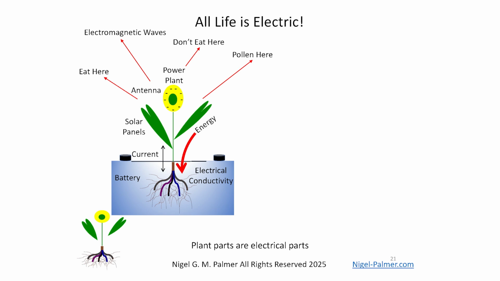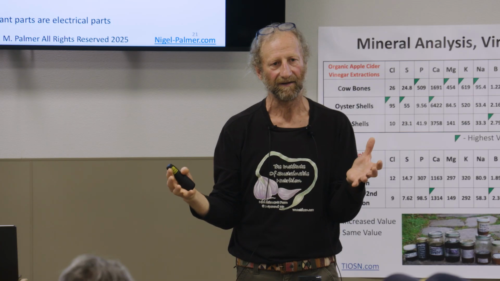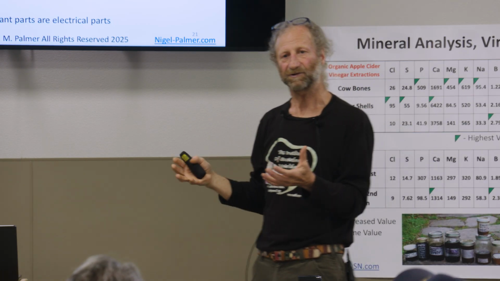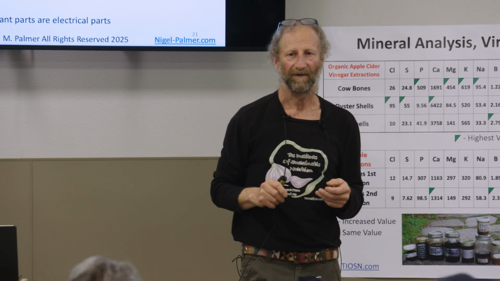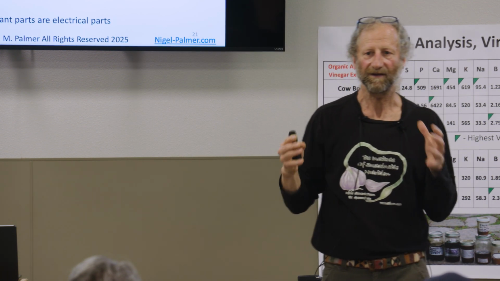Think about it having antennas and solar panels and current. And in the soil, it's a battery. All of that energy is flowing into the soil, into that organic matter, creating a battery. And that battery has electrical characteristics. It has electrical conductivity. All right? The plant is electric.